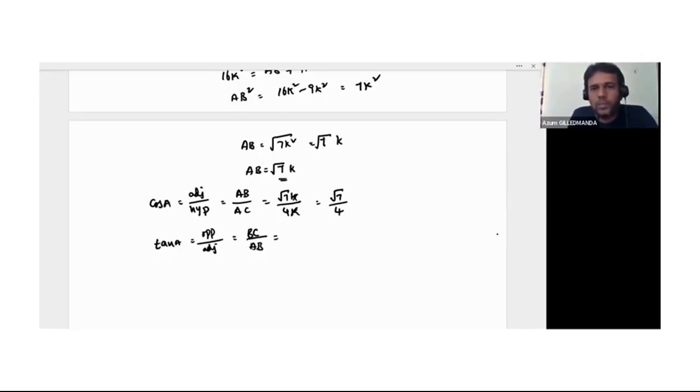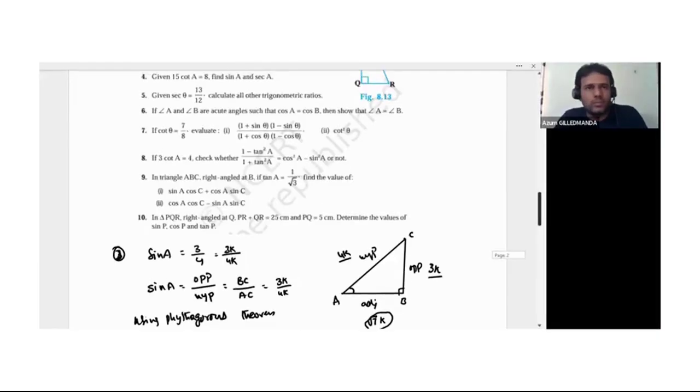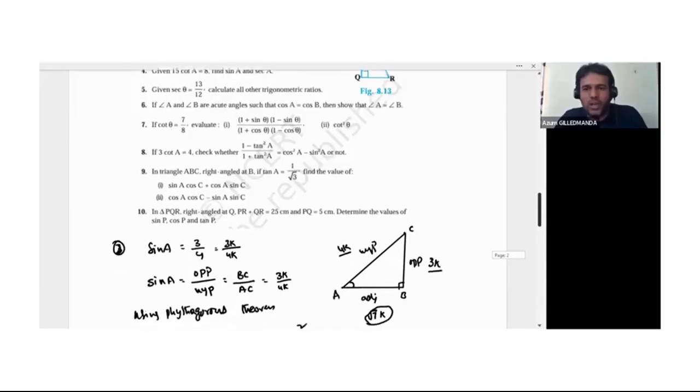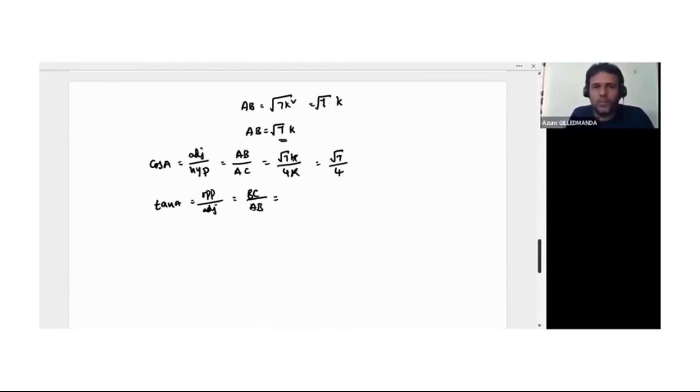What is BC? BC we know that is 3K, I guess. Yeah, 3K, and AB is root 7K. So 3K by root 7K. So K gets cut. So 3 by root 7.